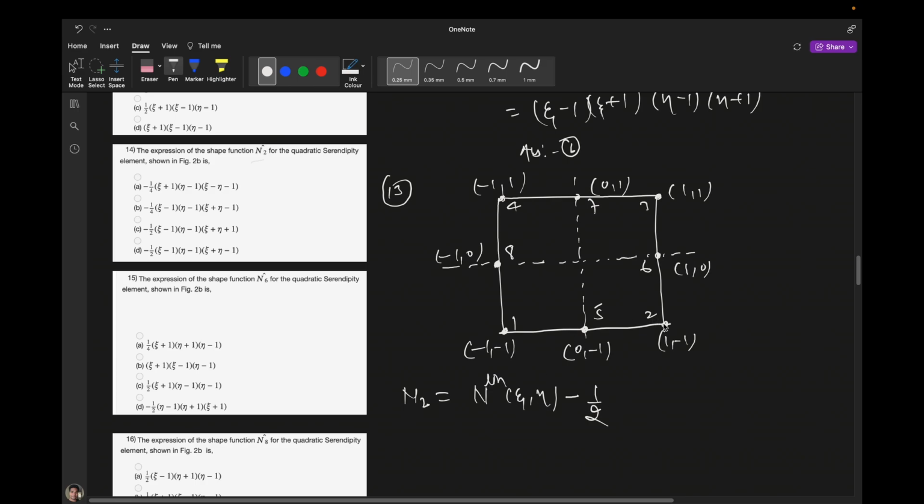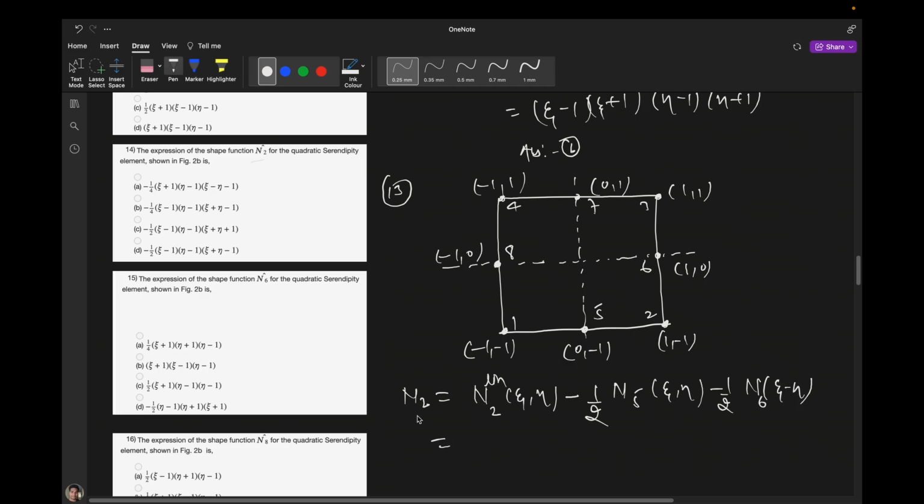I mean, if I talk about this, okay, so we need to use linearized shape function, which we already use for node 2, where this shape function will be 0 at this node and at this node, and all other nodes except this, and minus we need to use for node 5, -1 by 2 and for node 6.